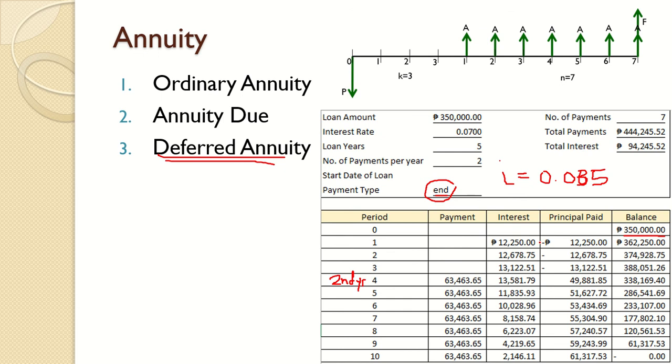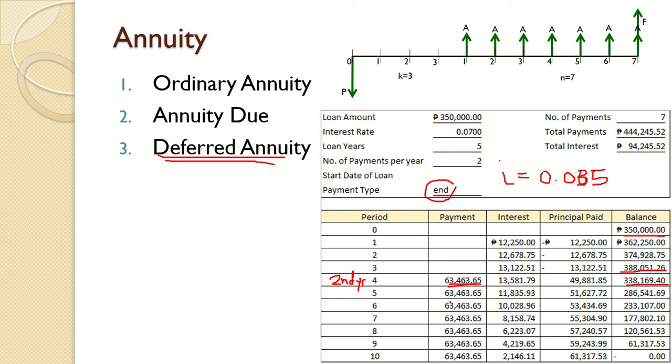So multiply, which means at the end of the first period there is interest, since you have not paid yet, so your balance increases until the end of the third period. So see, your debt is 350, but at the end of the third period it's now 388. So when you pay your borrowed amount, 63,000 per year, per period, this is what remains in your balance.